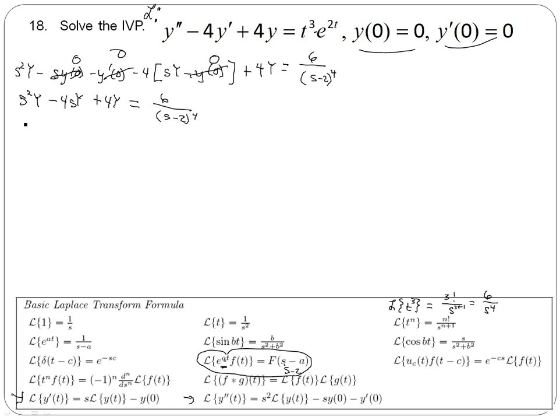I can factor out a Y on the left side to give me s squared minus 4s plus 4. And then solve for Y by dividing by s squared minus 4s plus 4.